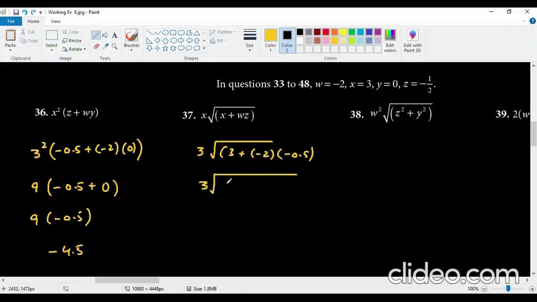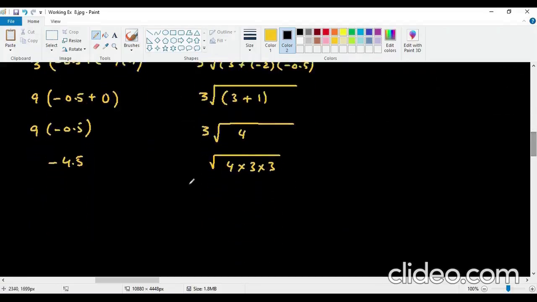Under the radical it's going to be 3 plus 2 times half is a 1, and 3 will be outside, and inside the bracket it's going to be 4. That means I can write this as 4 times 3 times 3. Now this is going to give us 4 times 9, which is going to be 36, and the answer for this one is going to be plus 6 and minus 6.